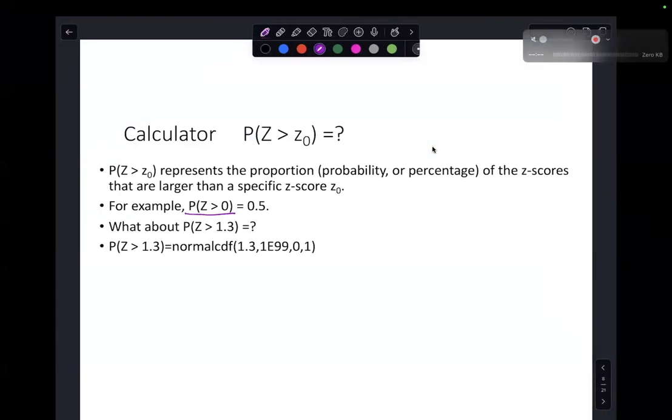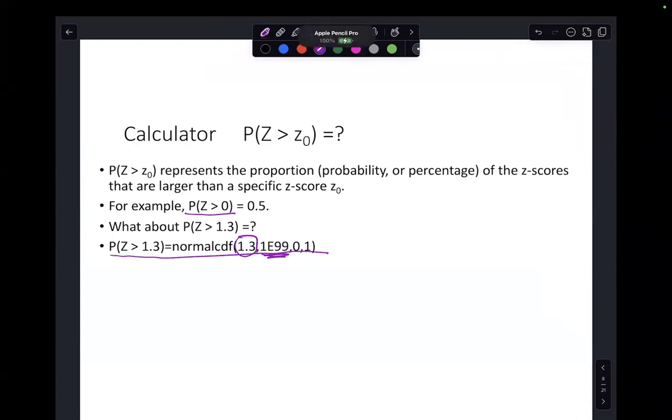So here's the one with the better number. This is a 1.3, really close to what we already had. So I'm looking for the probability a z-score is greater than 1.3. My lower bound is going to be the 1.3. Upper bound is 1E99. My mean is 0 and standard deviation is 1 because it's z-scores. So go ahead and give that a shot. I'm going to wait for a second, then I'll do it myself.